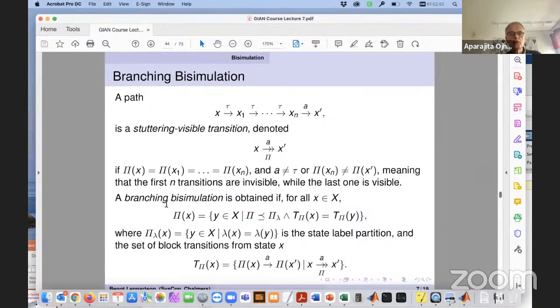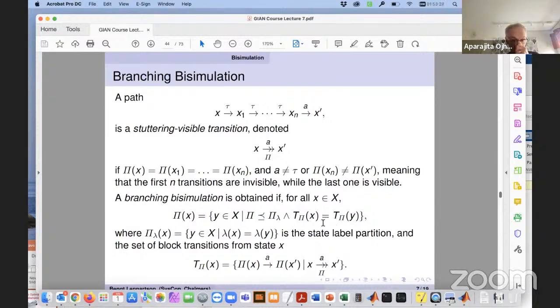But apart from this, it's interesting that the branching bisimulation is now expressed exactly in the same way as the original, much tougher bisimulation, where they don't care about the tau events, that they are considered to be visible in the same way as all other events. So this is actually the same, and the computational algorithm is based on the same type of algorithm.